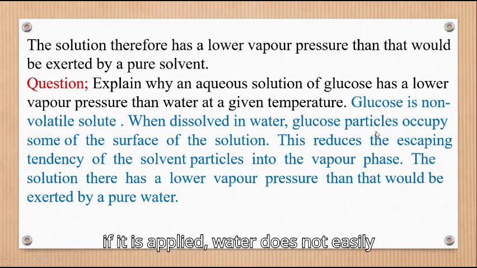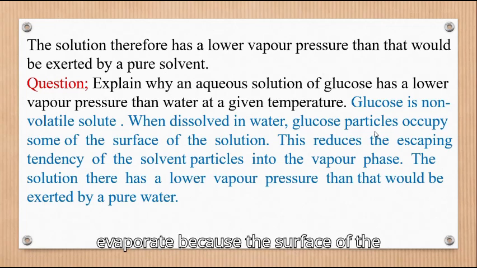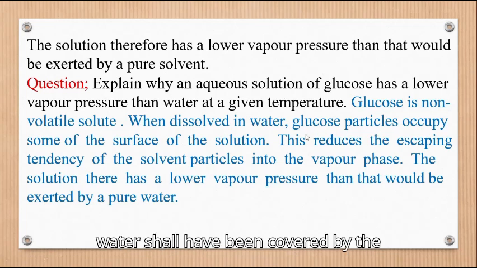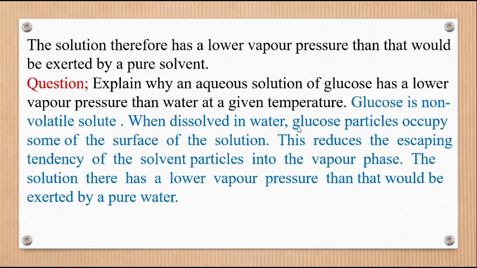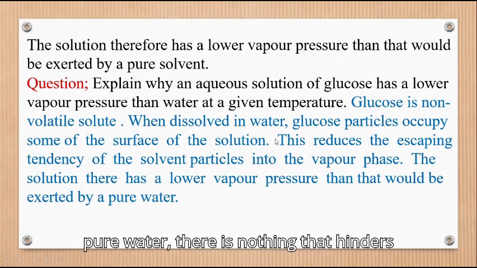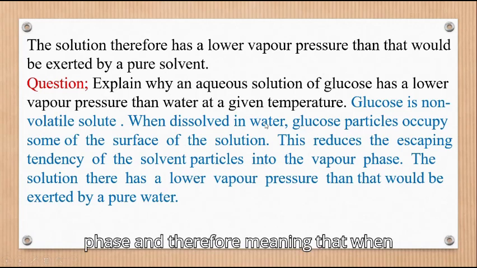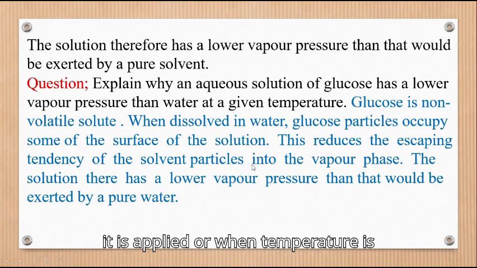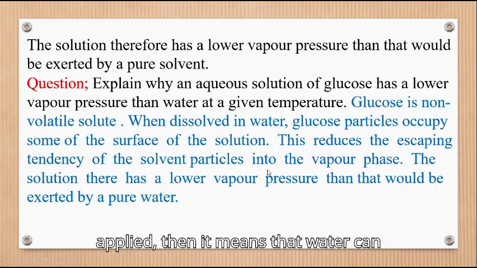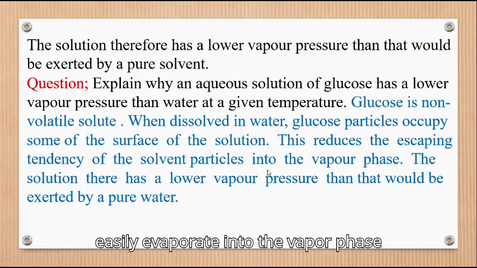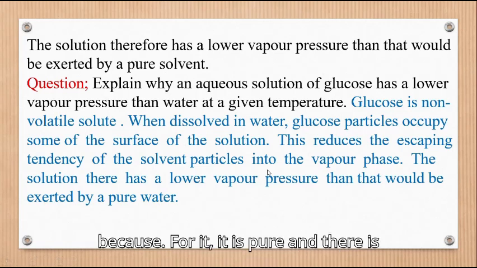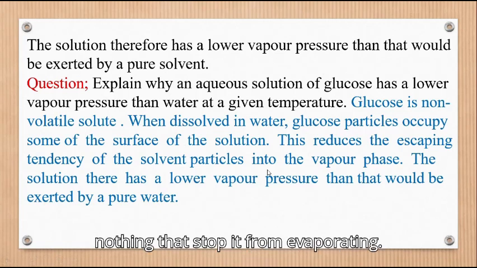Even if heat is applied, water does not easily evaporate because the surface of the water has been covered by the glucose. For pure water, there is nothing that hinders it from escaping into the vapor phase, and therefore when temperature is applied, water can easily evaporate into the vapor phase because it is pure and there is nothing that stops it from evaporating.